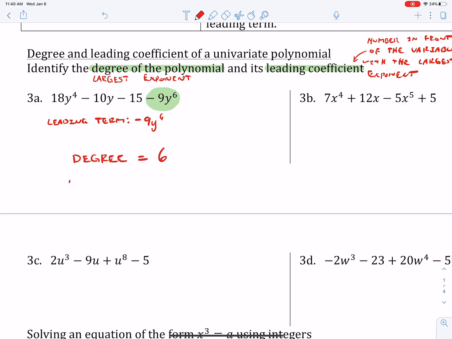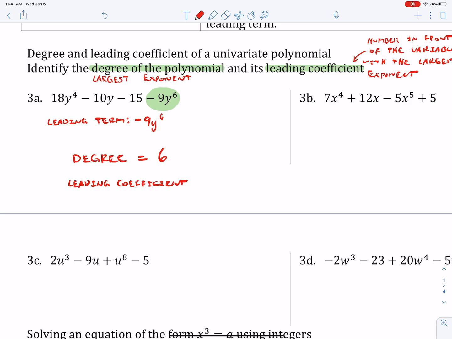Our leading coefficient is going to be the number that's in front of the variable with the largest exponent. And again, that's what we highlighted. They're multiplying together. That's a negative 9 times a y to the 6th power.